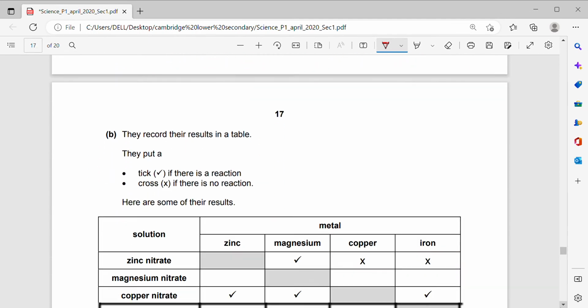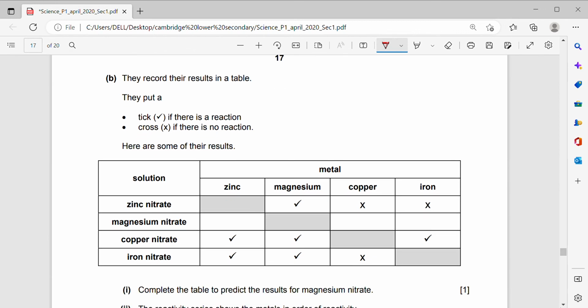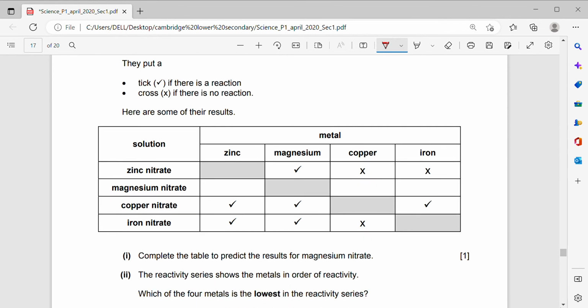Next question. They record the results in a table. They put a tick if there is a reaction, cross if there is no reaction. Here are some of the results. Here we look and see the reactions that happened.